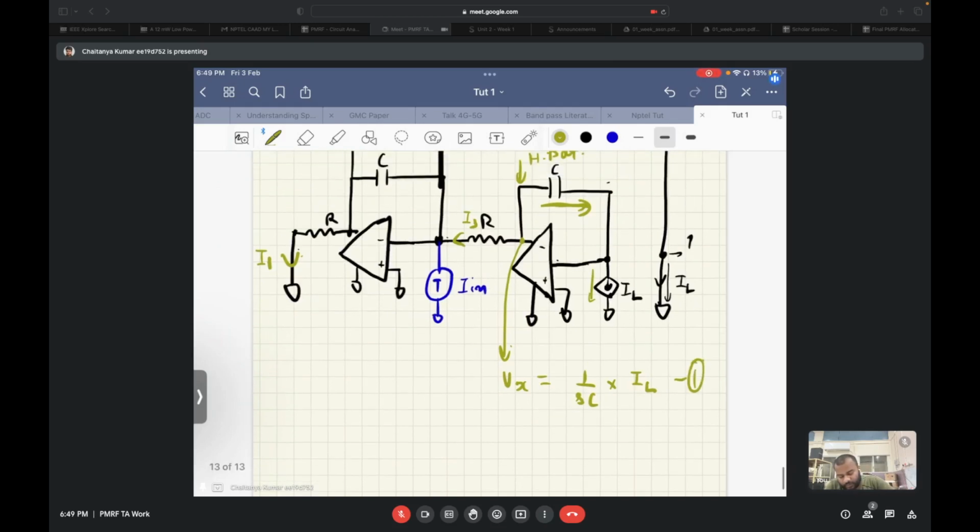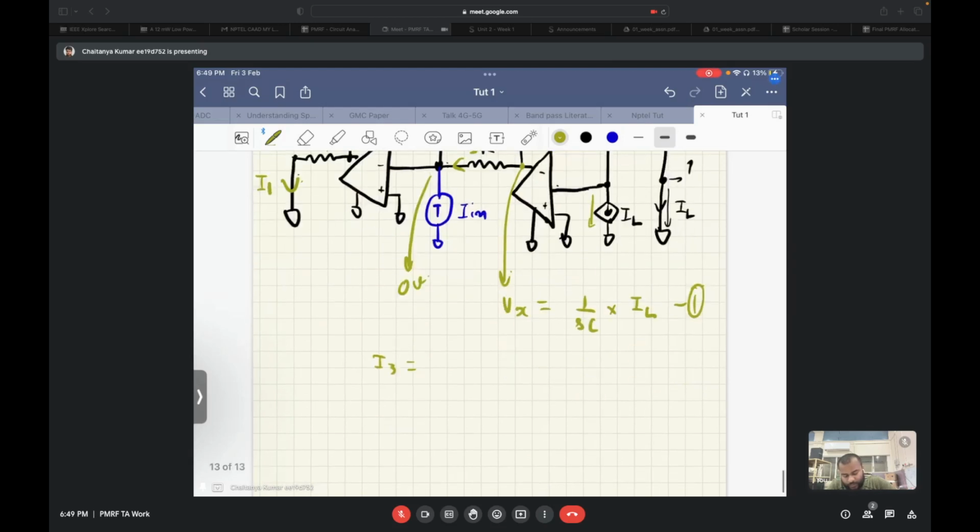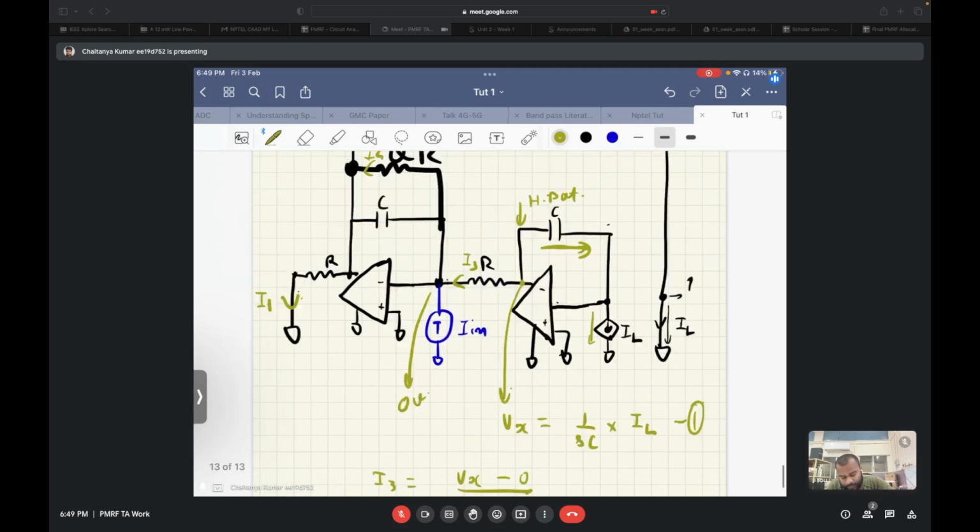So Vx is IL by SC. Let's call this equation 1. Now this node over here is 0 volts because it's a virtual ground. So the current I3 can be written as I3 equal to Vx minus 0 by R, and from equation 1 that is equal to IL upon SCR.